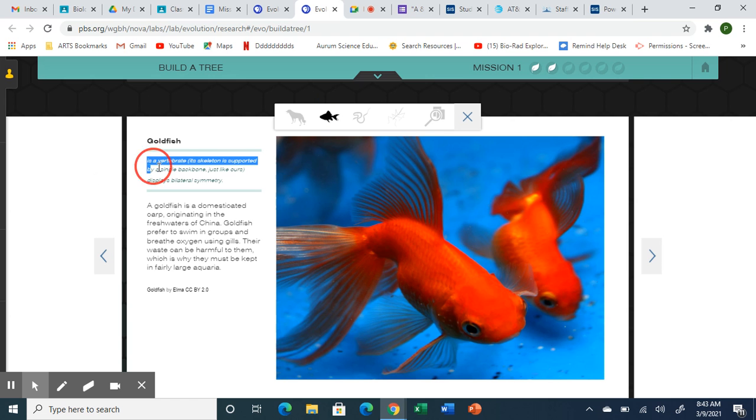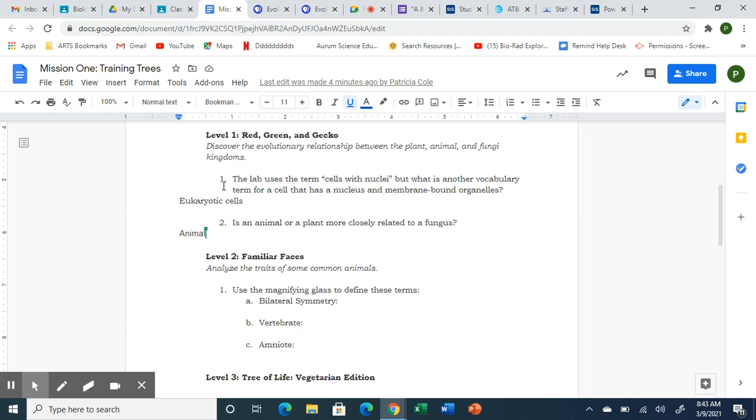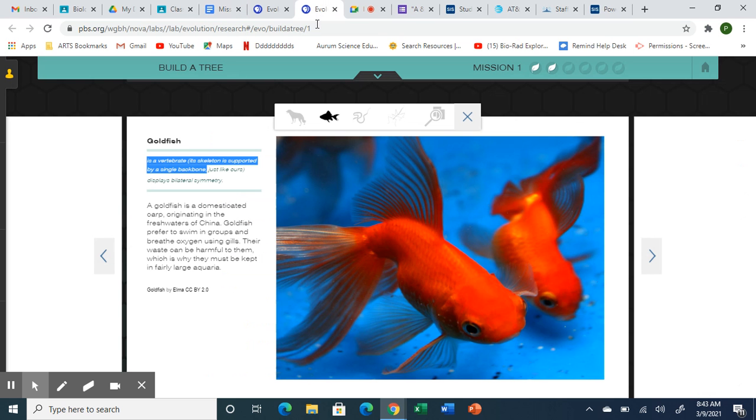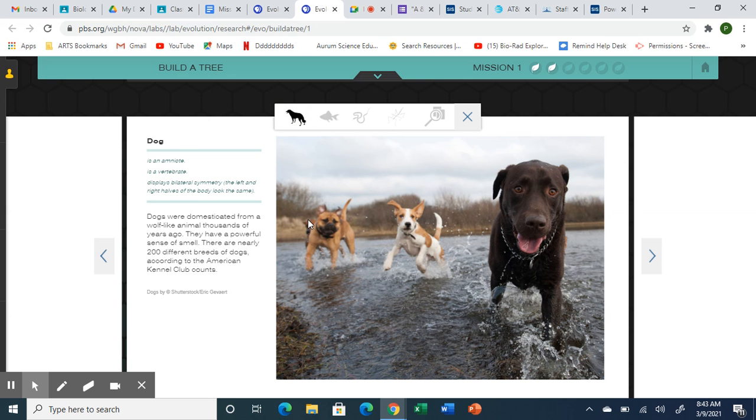All right, so by the way, vertebrate. A vertebrate, let's copy this definition. And we go back here. So goldfish breathe with gills. Their poop is dangerous.